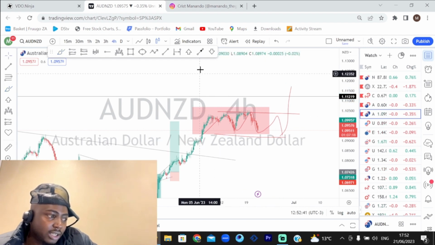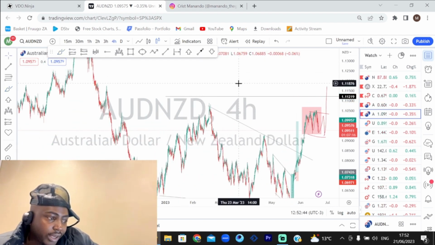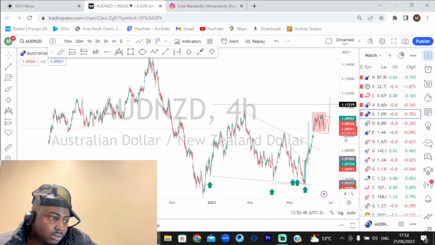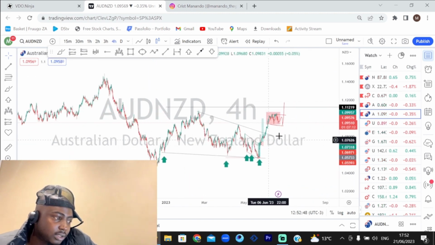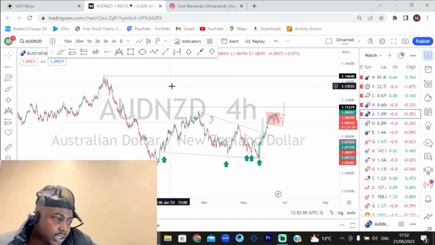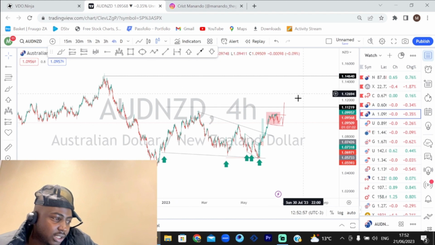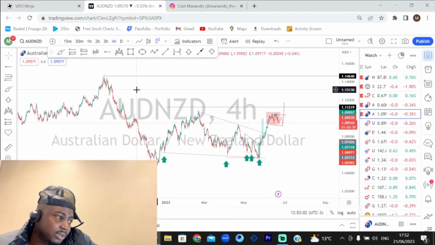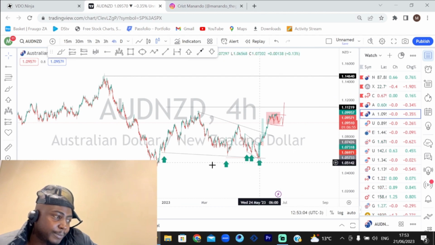So that's what we are technically waiting for with this one, because the highest height of this pair is this point right here. So you can see we haven't reached maybe halfway. So it's cool. There's still opportunities with this setup.